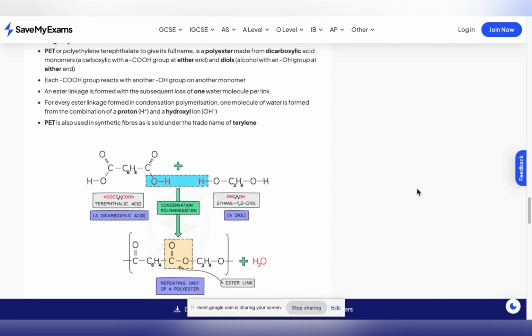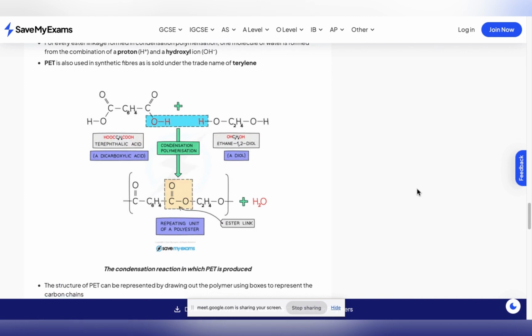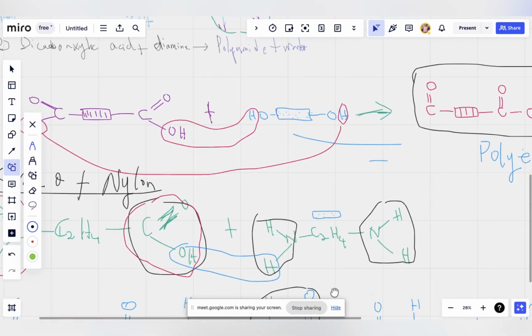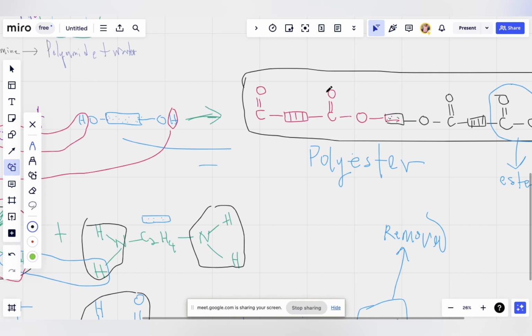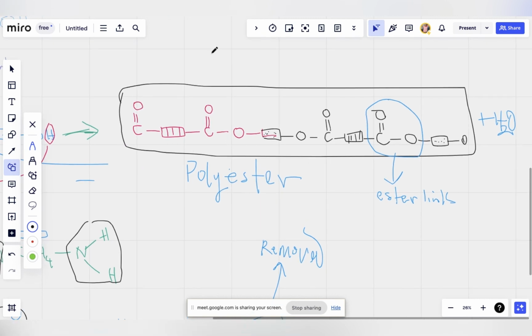It could be cyclobenzene or something like that to react, and then you manufacture terylene, and you will make an ester linkage, double bond to O, single bond to O, like the first one we did. You create an ester linkage. This is an ester. I already mentioned this. This is the manufacture of terylene.